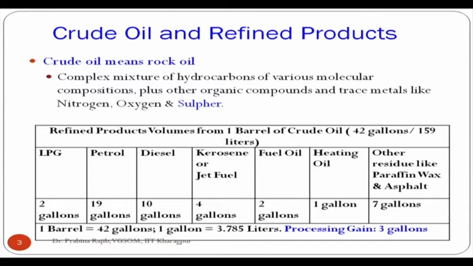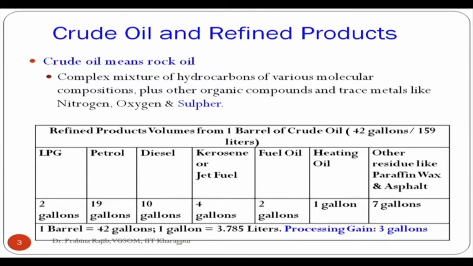So 1 barrel of crude oil, which is equivalent to 42 gallons, can be processed to generate 2 gallons of liquid petroleum gas, 19 gallons of petrol, 10 gallons of diesel and 4 gallons of kerosene or jet fuel.